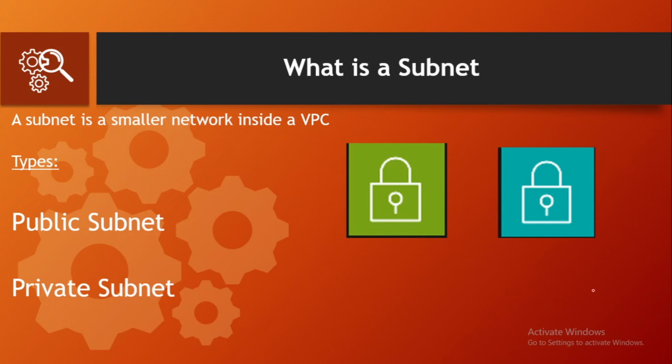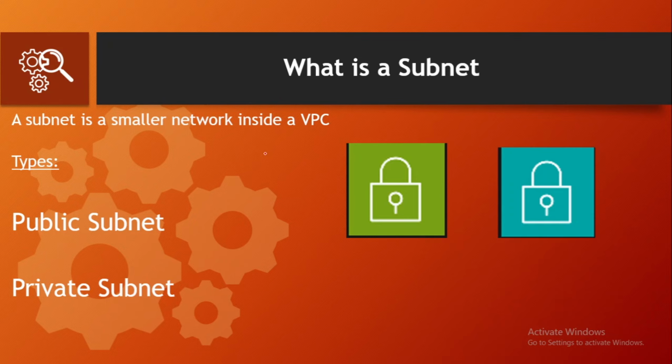Let me explain this with a simple example. Imagine your VPC is a big city. Inside that city, you have different areas or sectors, for example, a residential area, a business area, restricted government zones. Similarly, inside a VPC, we create subnets to organize our resources properly. So you can think of a subnet as a section of your network where we place our servers and services.